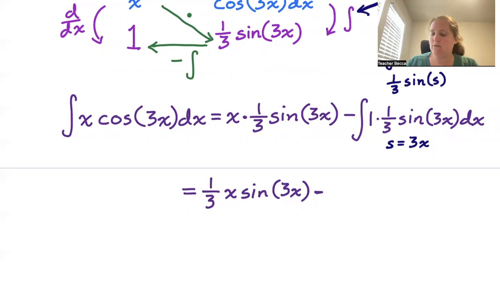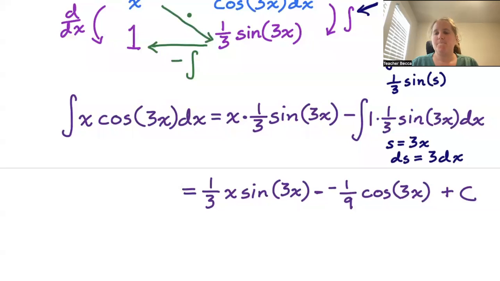And then of course we have our plus c. So again, that integral of 1/3 sine of 3x. Sine of 3x will go to negative 1/3 cosine of 3x. So that goes to a total of negative 1/9 cosine 3x. And that whole thing is being subtracted off. Then we have our plus c.